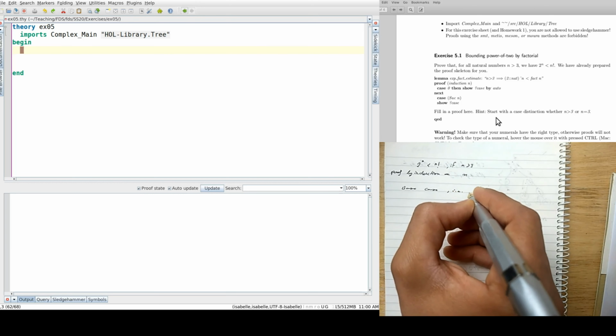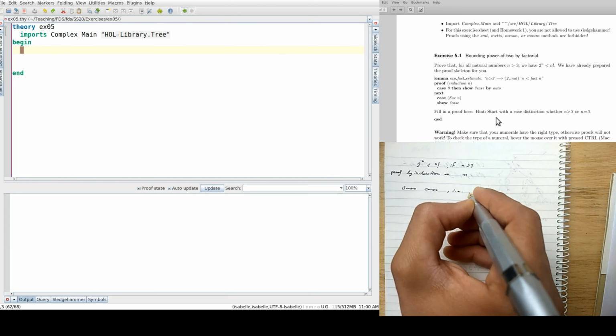The way we do that in the Isar language is that we say then n equals 3 or n strictly greater than 3. Or you can say just hence.